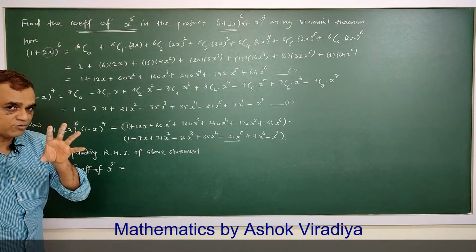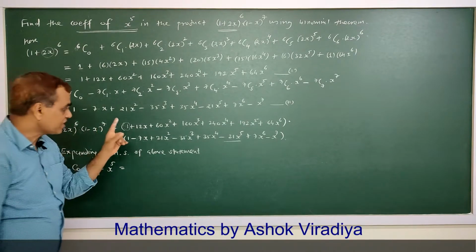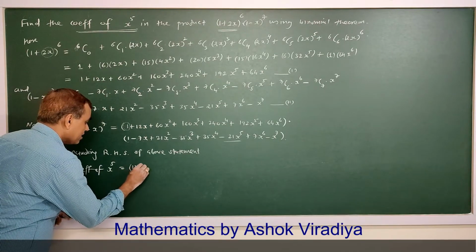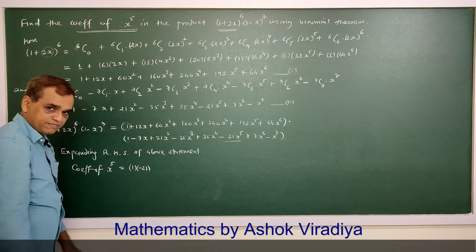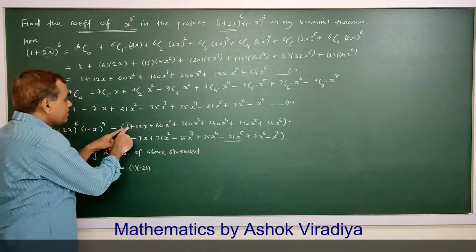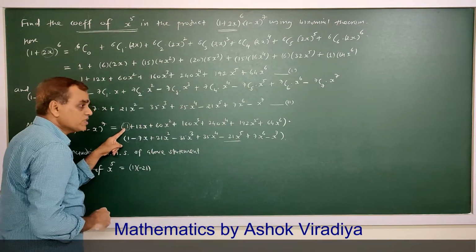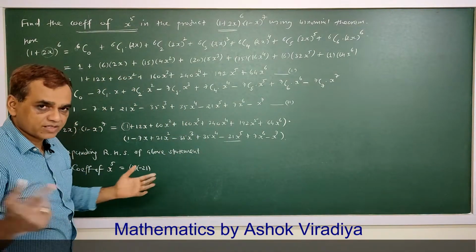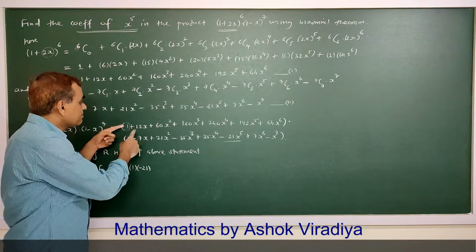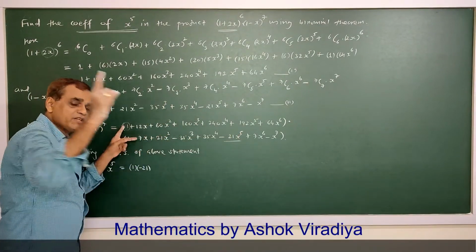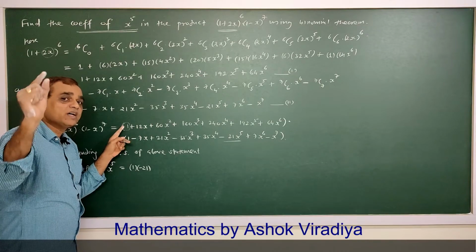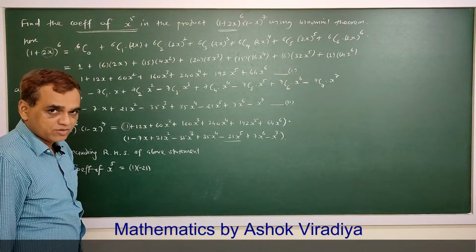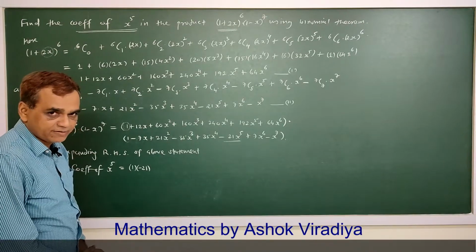Focus on x raised to 5, so the coefficient will be 1 into minus 21. The other products give x raised to 6 and x raised to 7, and we don't require those. So when you multiply 1 with this line, there is only one term with x raised to 5, and it is minus 21 times x raised to 5.